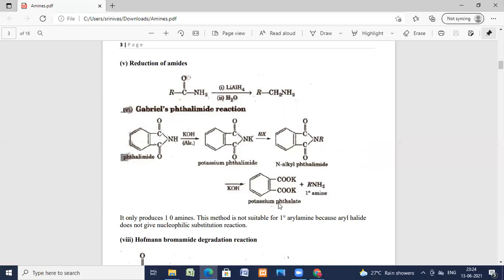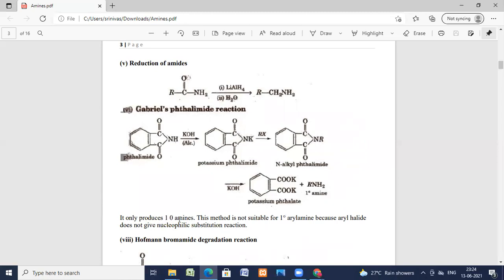The bond is cleaved over here, and potassium is added. So potassium phthalate is formed along with RNH2, a primary amine.